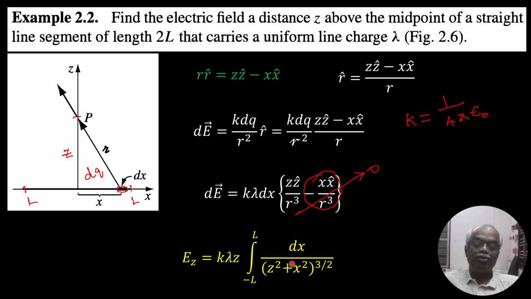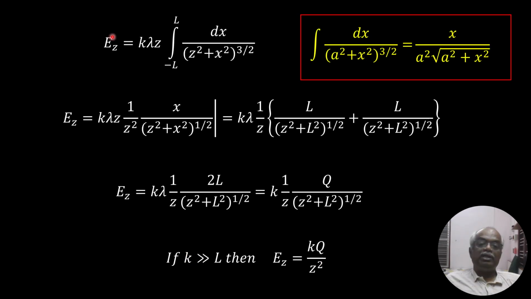That is the square root of x squared plus z squared. If you cube it, then this will become z squared plus x squared to the power 3 by 2. Now we got this integral: Ez is equal to k lambda z, integral between minus L to plus L, dx over z squared plus x squared to the power 3 by 2.